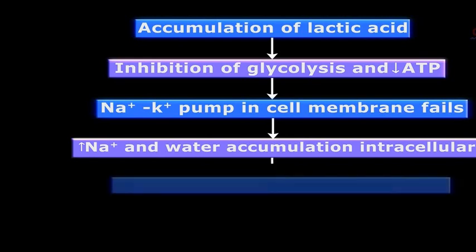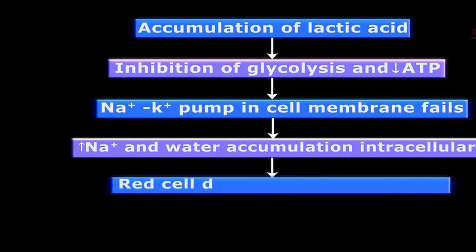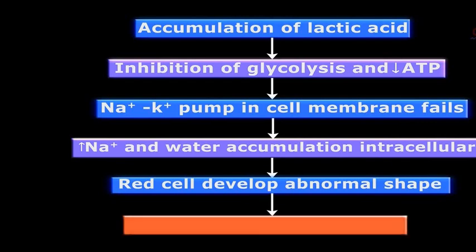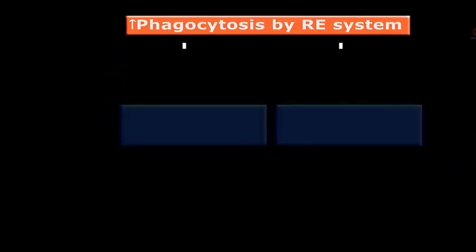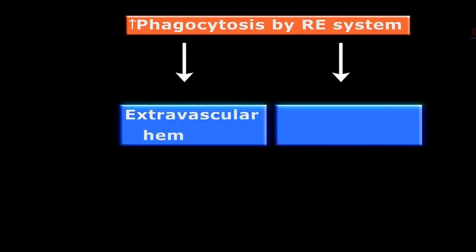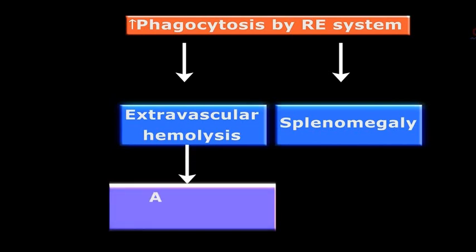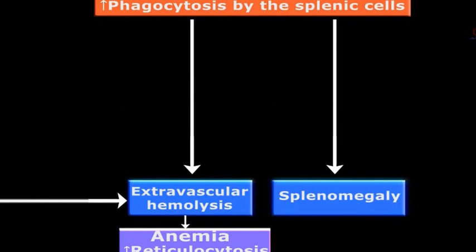This causes the red cell to develop an abnormal shape, and there is increased phagocytosis by the reticuloendothelial system. This causes extravascular hemolysis and splenomegaly, and hemolysis causes anemia and increased reticulocytosis.